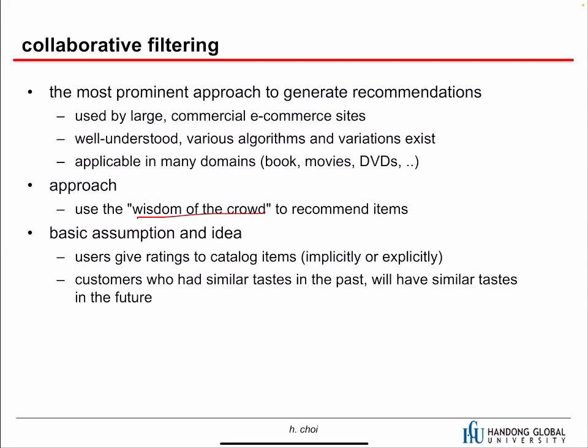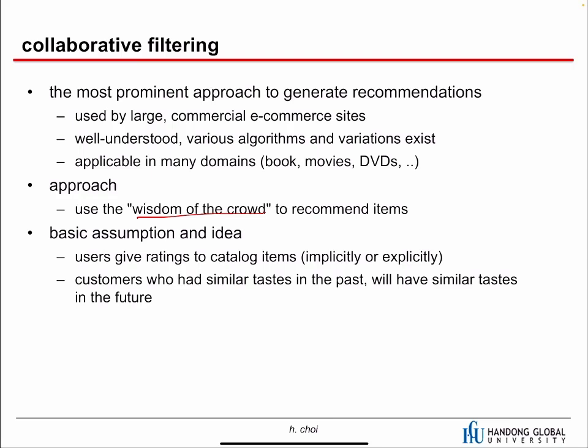The basic assumption and idea is that users give ratings to catalog items implicitly or explicitly. So it means users give feedback. Without the feedback, we cannot apply the collaborative filtering approach to a recommendation system at all. And the next assumption is that customers who had similar taste in the past will have similar taste in the future.